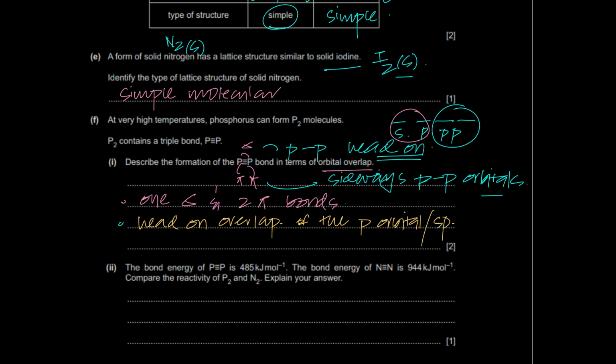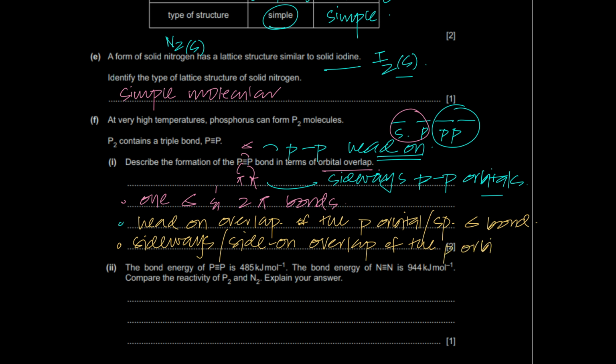The sp orbital makes the sigma bond, and there is a sideways or side-on overlap. Head-on, side-on, right? But sideways is also correct. So sideways overlap of the p orbitals, forming the pi bonds.